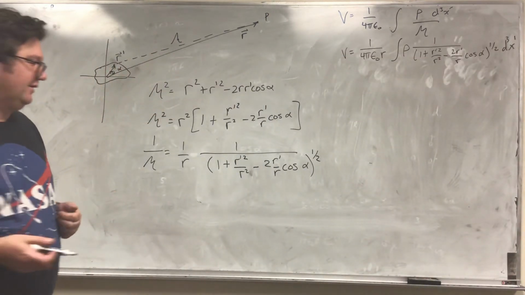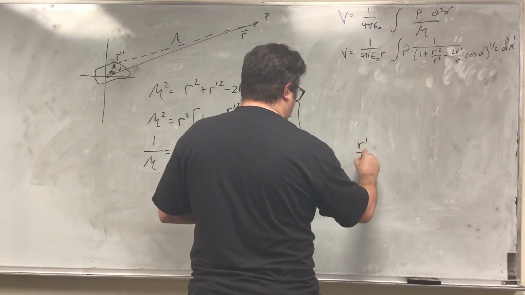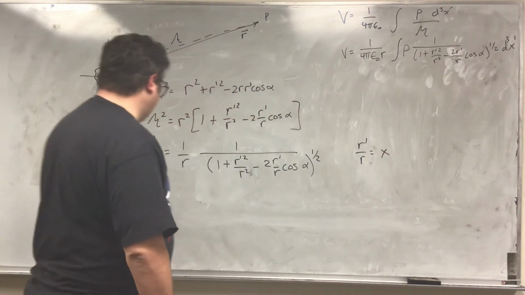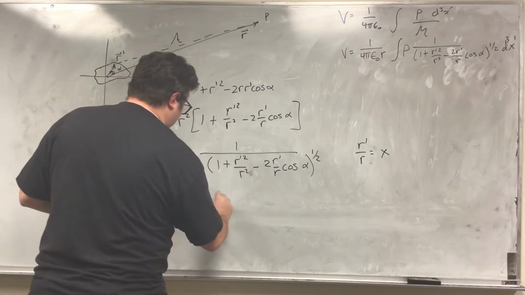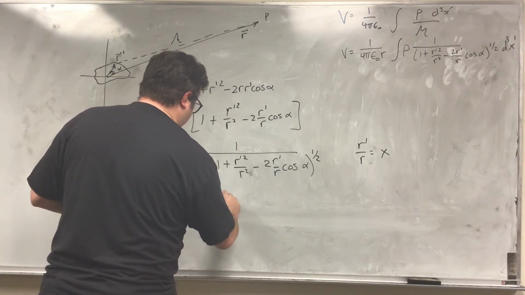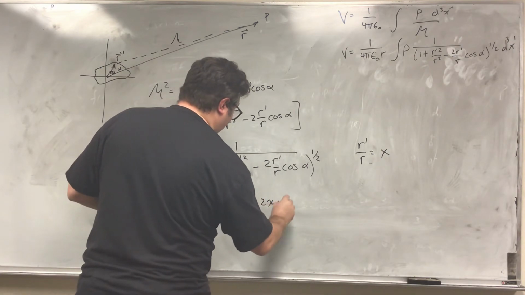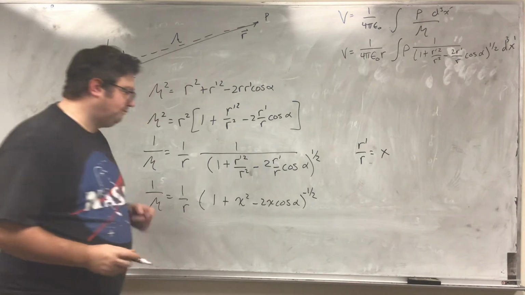Let's see if we can clean it up a little. The first thing we're going to do is call r prime over r, x. So we can rewrite this as 1 over r times 1 plus x squared minus 2x cosine alpha to the minus 1/2.